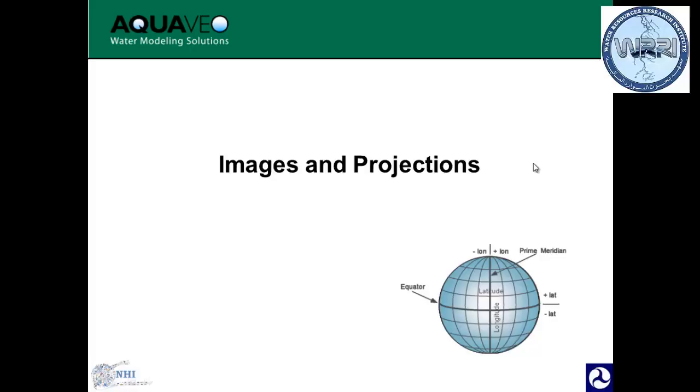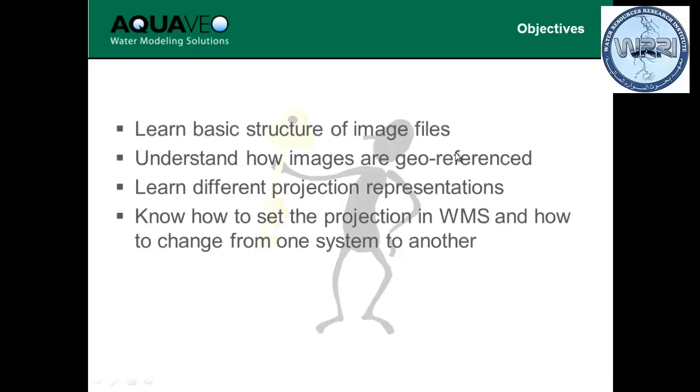I just wanted to review some important, we're still kind of reviewing some of the basics of WMS, and I wanted to talk about images and projections. Just give an overview of some of the images and projections in WMS.